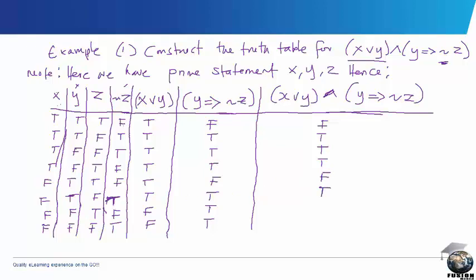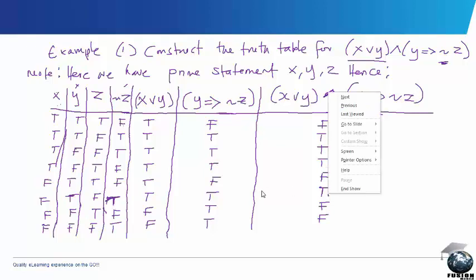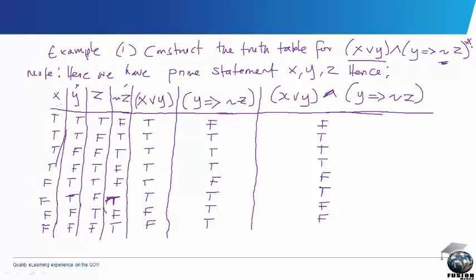And then for false and true, it is false. All right, so we've succeeded in building the truth table. This is the truth table for this statement. This is the truth table for that statement.